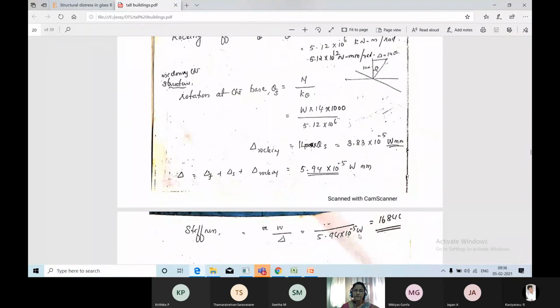What's the answer for this? 1 by 5.94 into 10 power 5. 16835. 16835, correct? 16835.01. Okay, so 16835, let it be 16835.